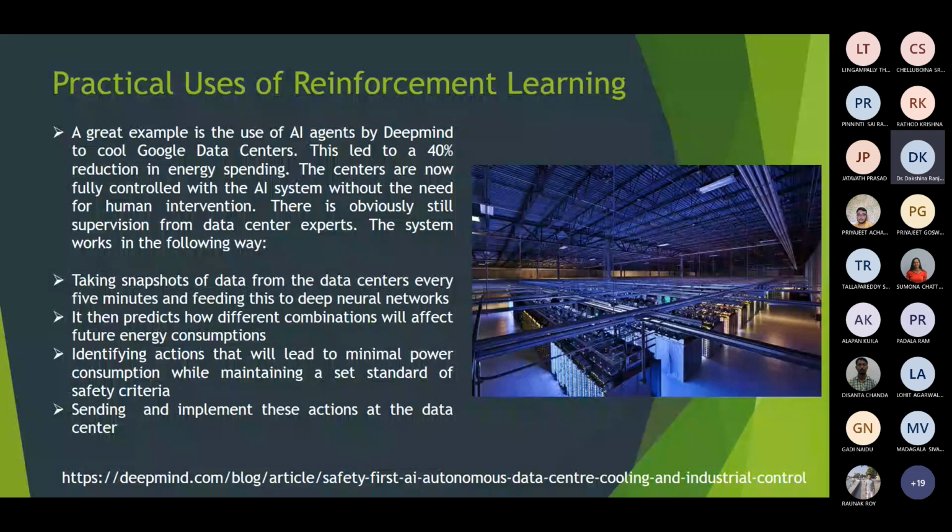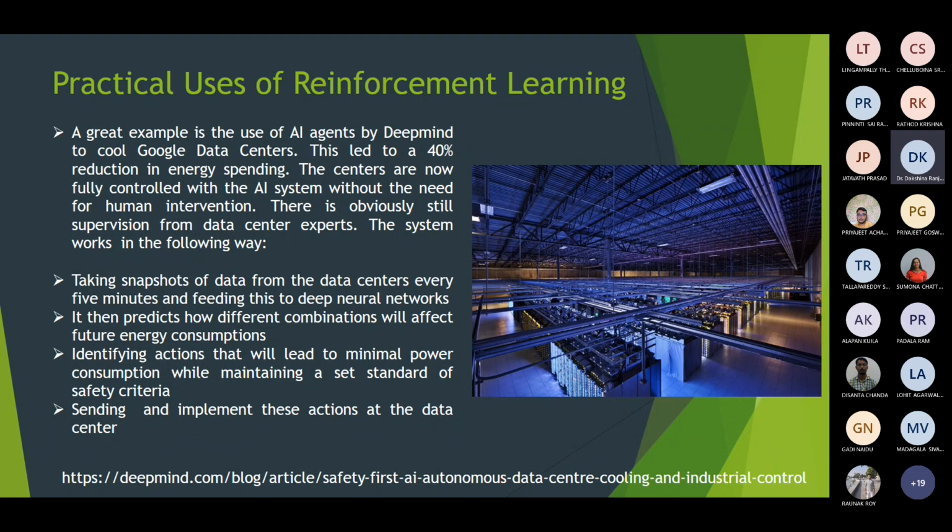The DeepMind AI tool predicts the different combinations, and then selects one optimal combination that will reduce a substantial amount of energy, and due to that the cost will be reduced. So the cost of maintaining the Google data center is substantially reduced, by identifying the actions which lead to minimal power consumption while maintaining a set standard of safety criteria, and then implementing these actions at the data center.